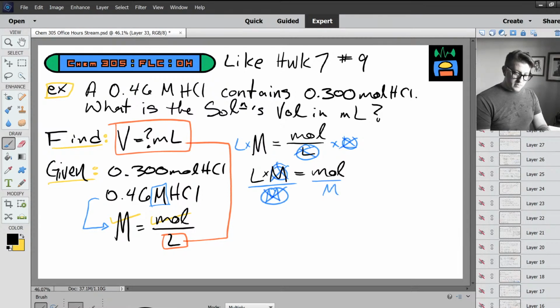So our volume in liters is equal to our number of moles, which is 0.300, over our molarity, which is 0.46 moles per liter.